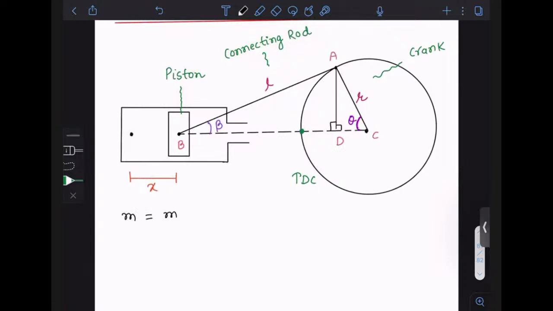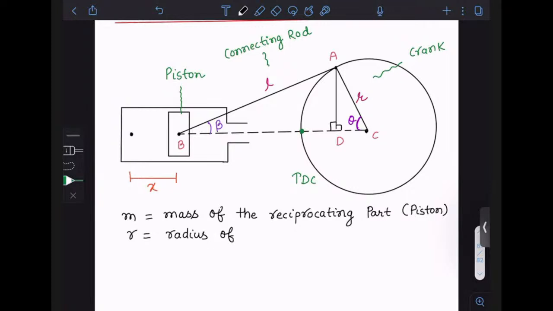Okay. Now M is the mass of the reciprocating part. Reciprocating part means piston. And R is the radius of the crank. L is the length of the connecting rod.